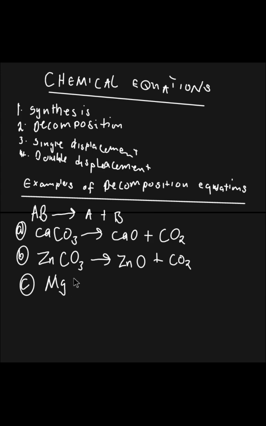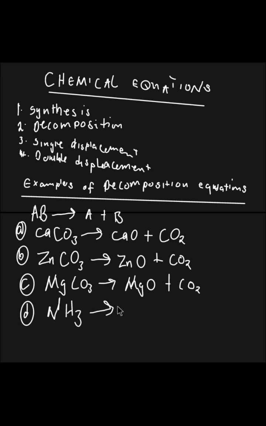The last example that I'll be giving here is where you have a compound like magnesium carbonate, where the products will be magnesium oxide and carbon dioxide. Just for good measure, I would like to add another example so that someone may fully understand what we are trying to talk about here.